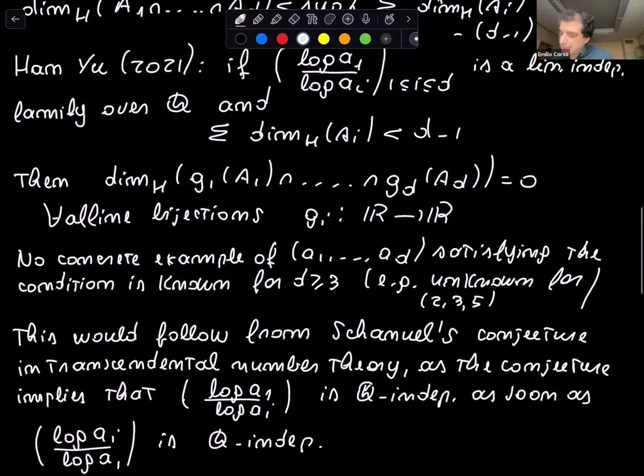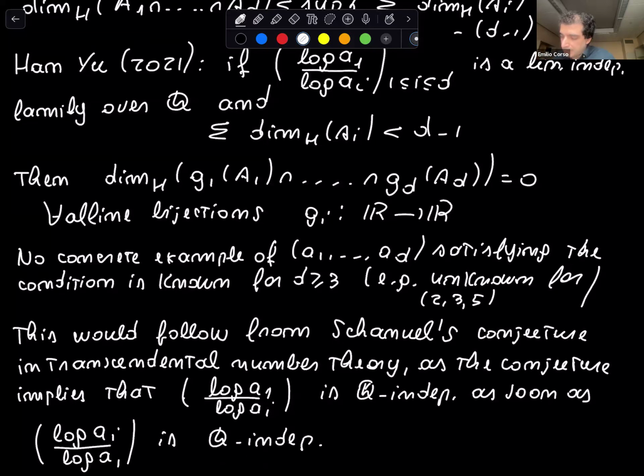Let me just now explain how this problem is connected to a well-known problem in fractal geometry, which is estimating the size of slices of fractal sets with subspaces.